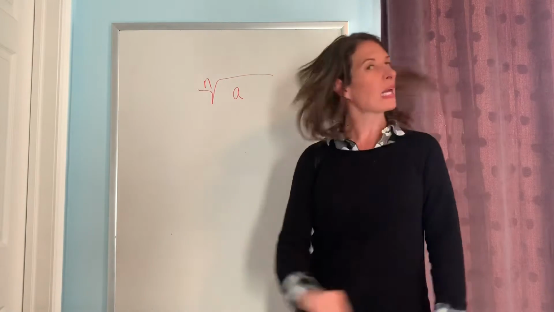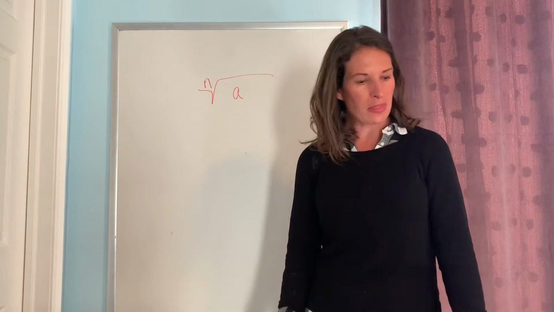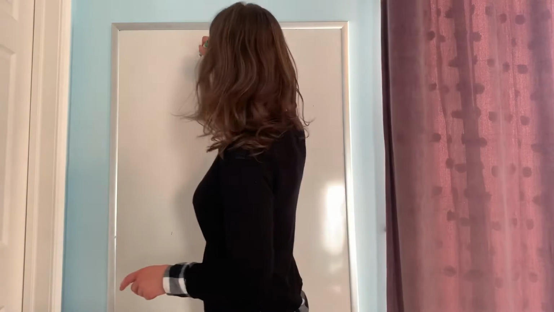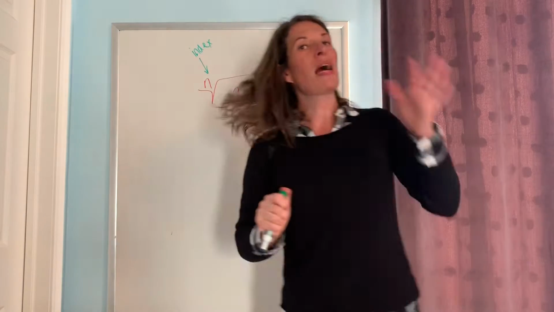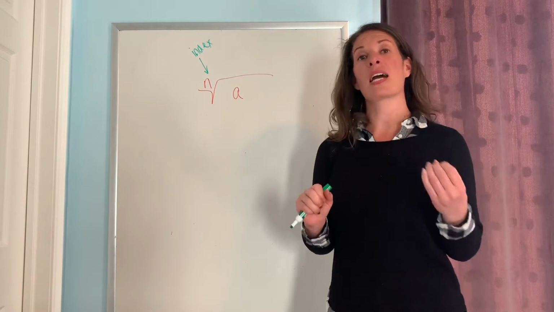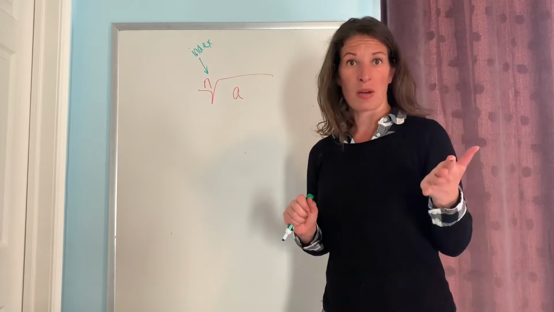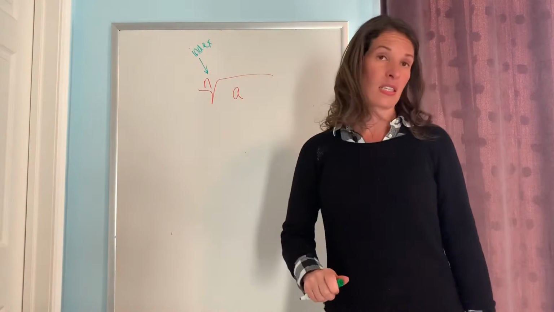So we are working on roots. We've been doing this. This is called my index. My index is telling me how many times a number needs to be multiplied by itself to get to the center number.